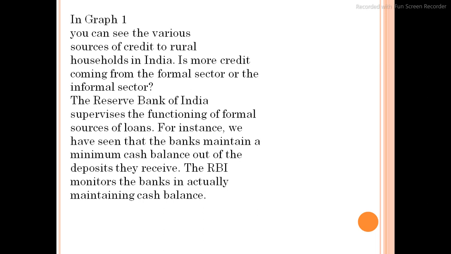For instance, we have seen that the banks maintain a minimum cash balance out of the deposits they receive. The RBI monitors the banks in actually maintaining the cash balance. So here, with the example, you are observing how the functioning of the formal sources of loan is supervised, and that is by the Reserve Bank of India.